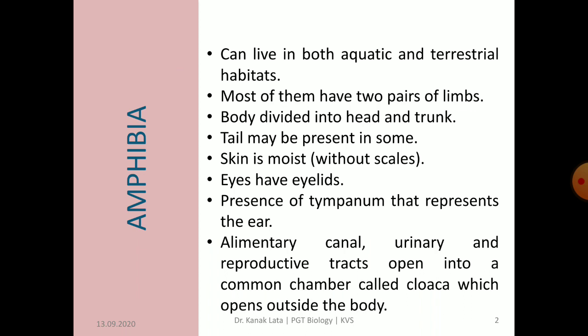Eyes have eyelids. There is a tympanum that represents the ear. In amphibians, the alimentary canal, urinary and reproductive tracts open into a common chamber, called the cloaca, and this cloaca opens outside the body.